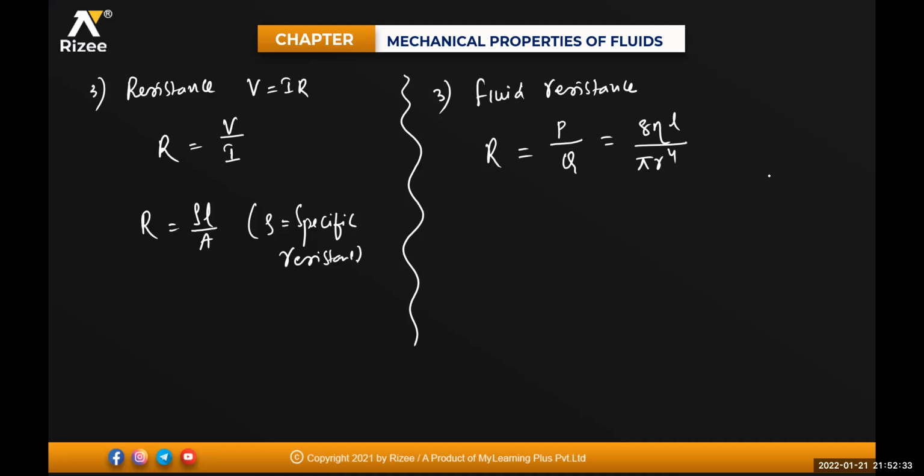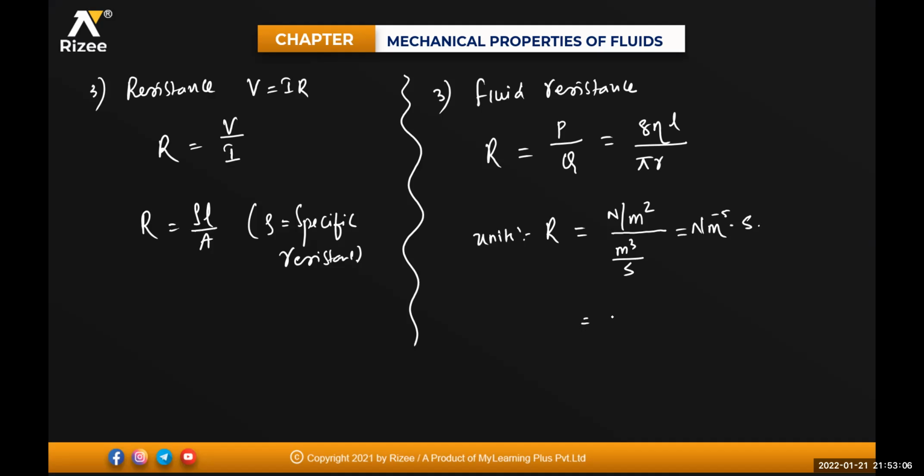P is what, beta? Pressure only, no? So units, if I'm writing here right now, resistance R is equal to pressure, which is Newton per meter square. Q is nothing but rate of volume per second, that is meter cube per second. Clear, beta? So that will come out to Newton second per meter to the power of 5.